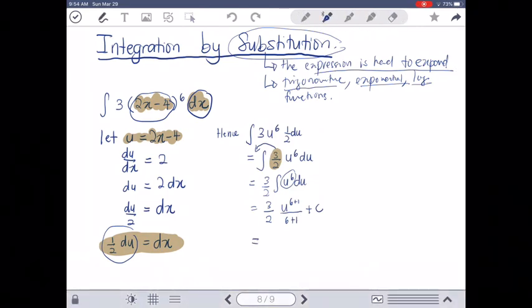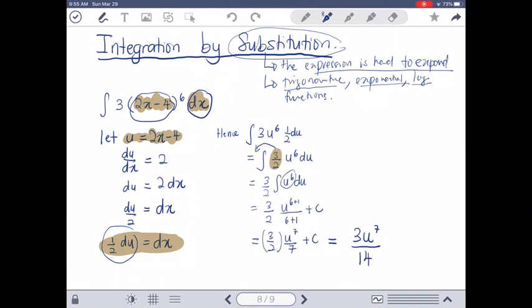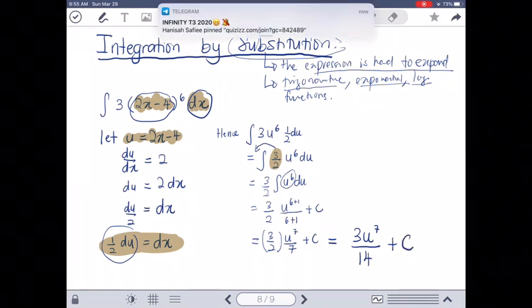And then simplify everything. 3 over 2 times u to the power of 7 over 7 plus c. 7 times 2 becomes 14. So the final answer is 3 u to the power of 7 over 14 plus c.